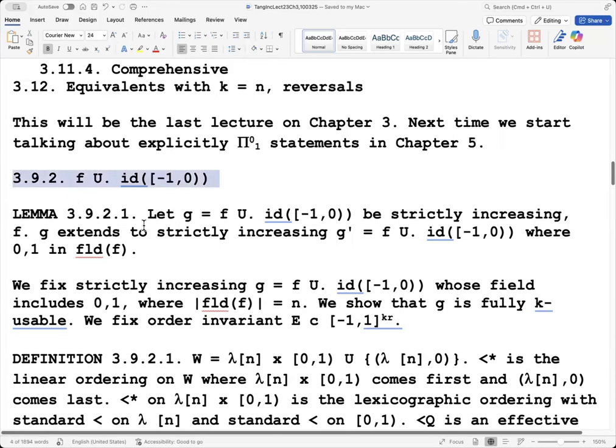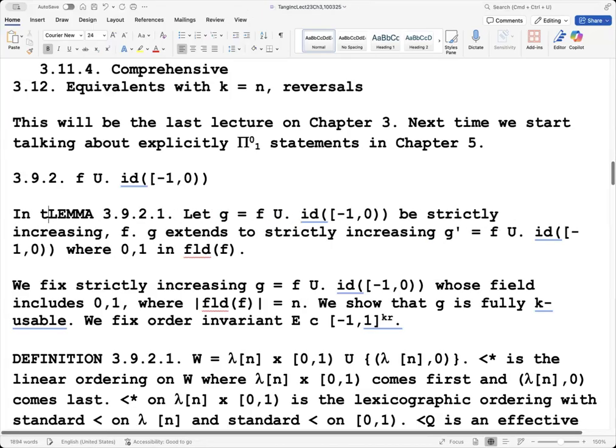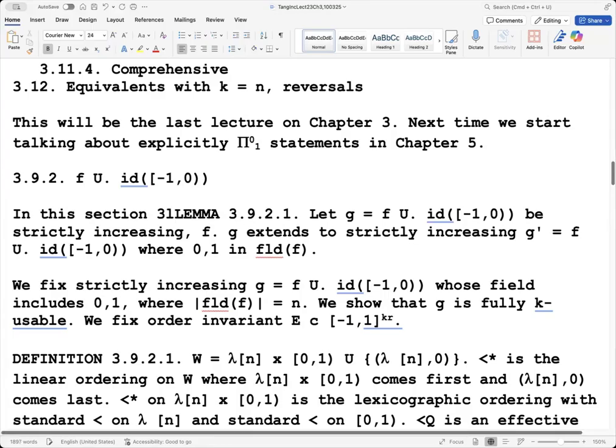Let's just review it. So I have a convention. I guess I didn't say it here in section 3.9.